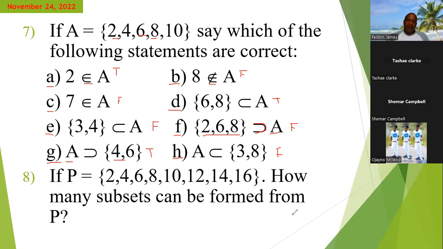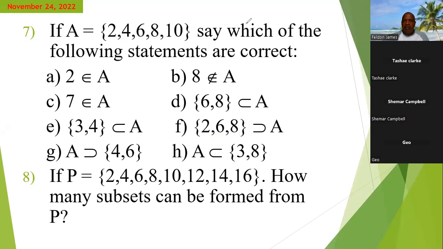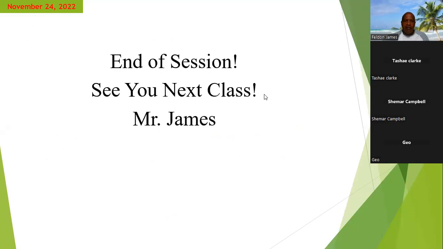If you had to determine how many subsets can be formed from P, how would you calculate that using the formula? 2 to the power of 8. So you count how many members you have here. That would be 2 to the power of 8. All right. Everybody should be clear on that. So that would be the end of subsets.